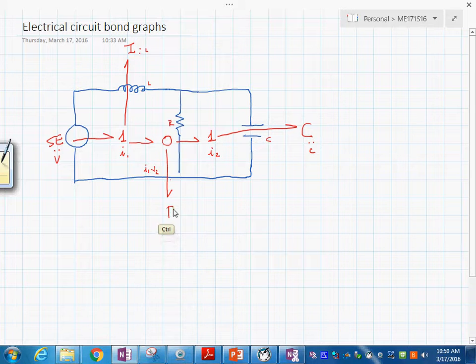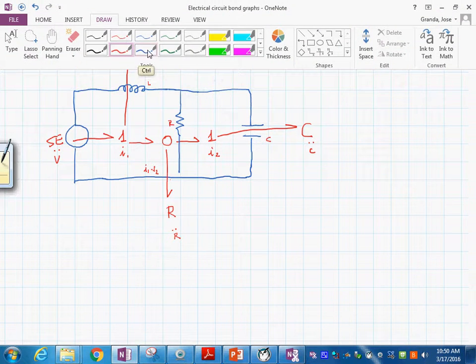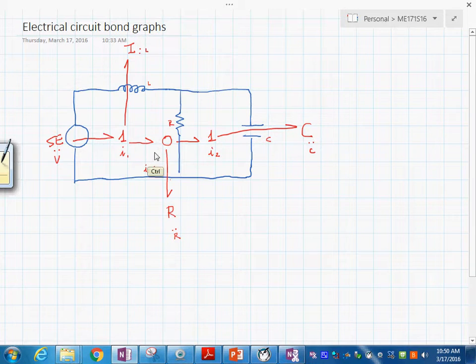Okay, let's practice the assignment of the causal marks also. That's important. That step is done by the software, by CAMP, but you need to know what CAMP does. First we assign it to the source, then to the I in integral form. If this sets one flow into the one junction, it makes this like that, and then we assign it to the C in integral form also.